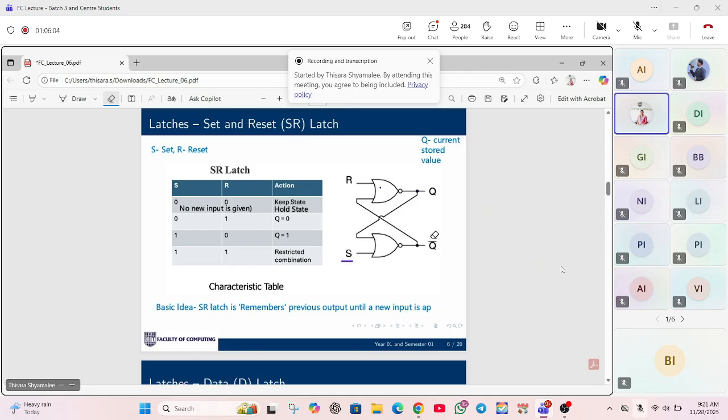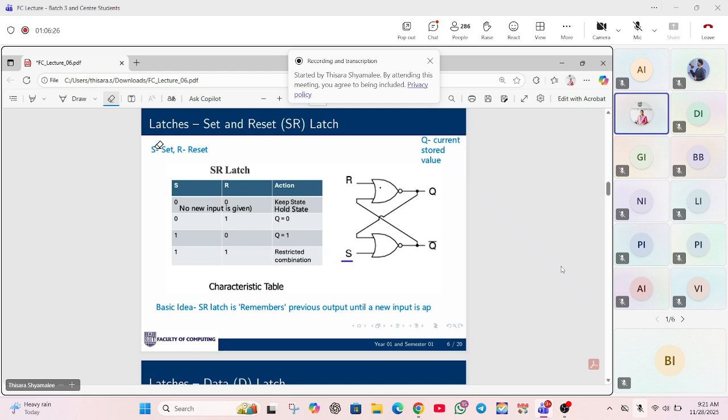By looking at this circuit diagram we cannot understand that, because it has a deep process. So don't worry about those things. Just remember this characteristic table and this logic circuit diagram. That's enough.